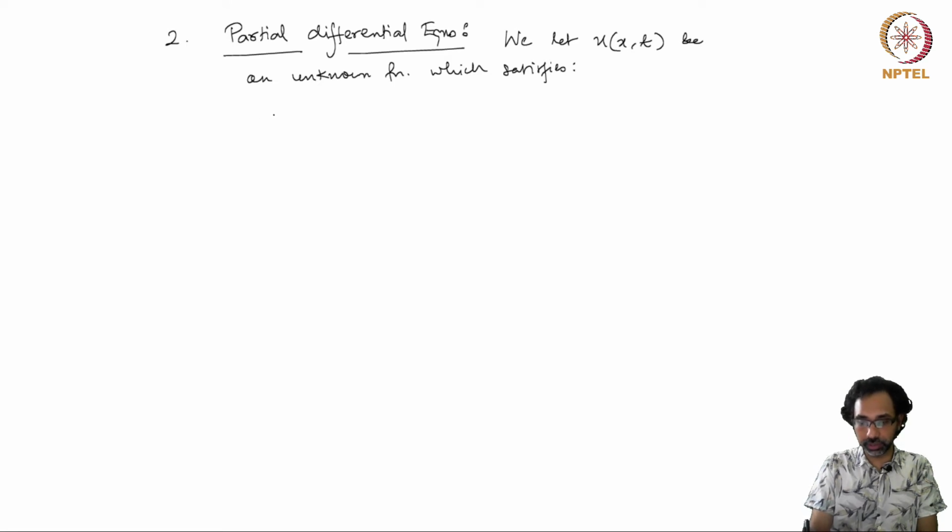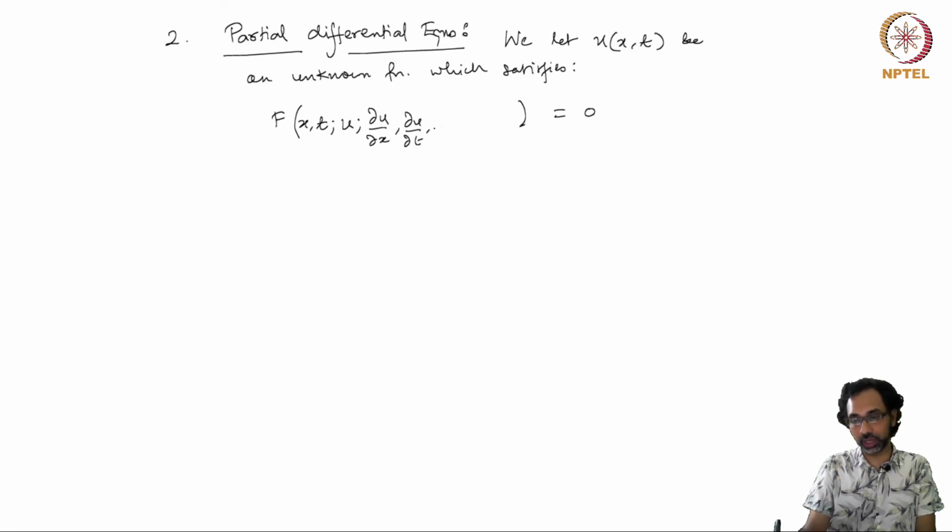The equation can be written as some function f set to 0, and this function f can have x and t as variables, then it can have u itself as a variable, and then it can have the first partial derivatives of u with respect to x and with respect to t, then it can have the second partial derivatives del 2u over del x2, del 2u over del t2, and then you can also have mixed partial derivatives, and order 3 and so on.